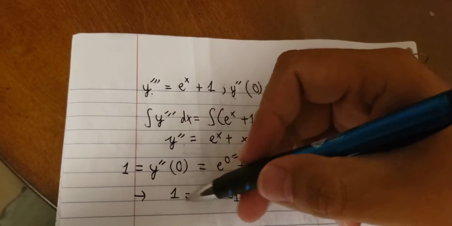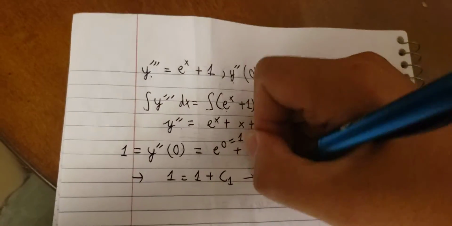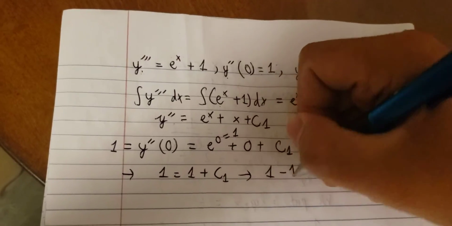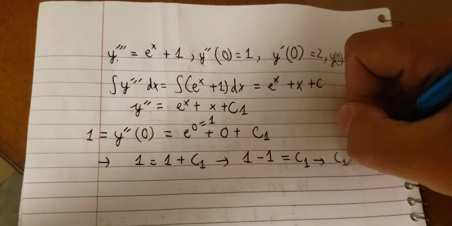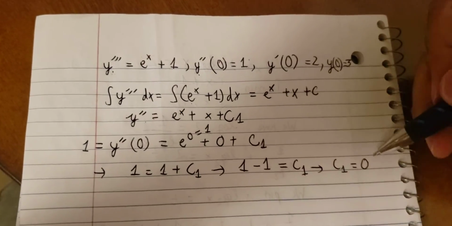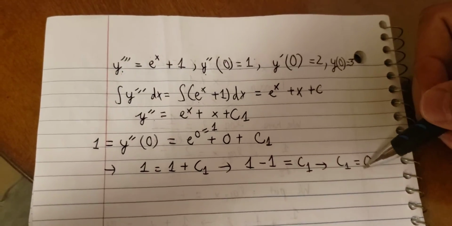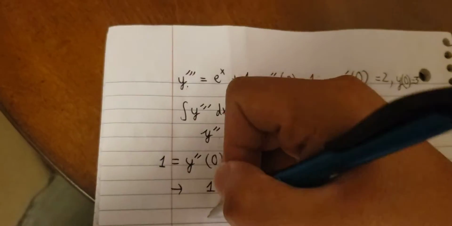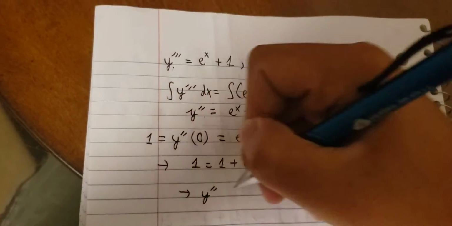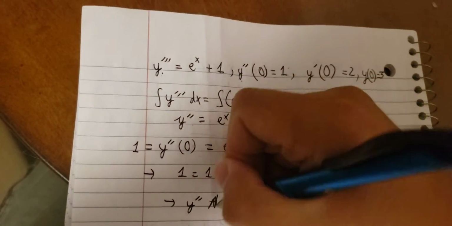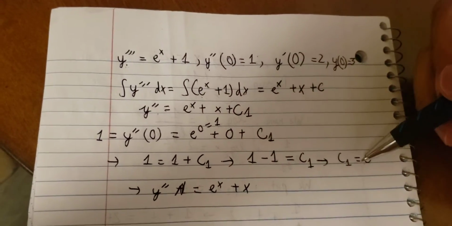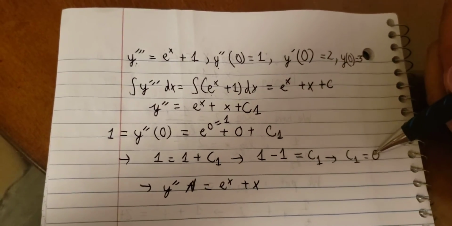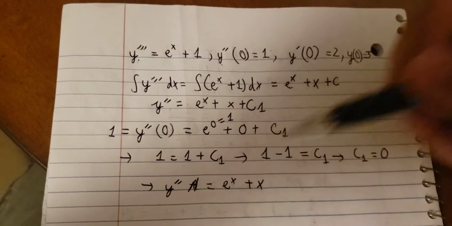We put 1 on the left. And you get 0. So c1 equals 0. So we can write the next one. Because the constant equals 0, we can write like this.